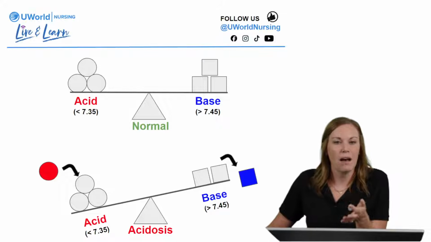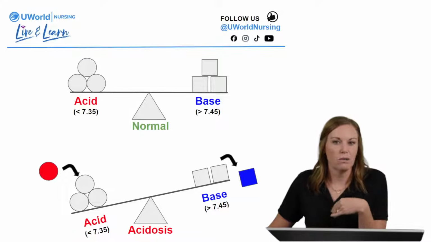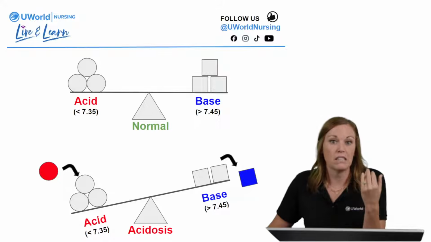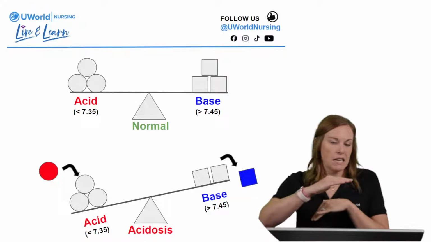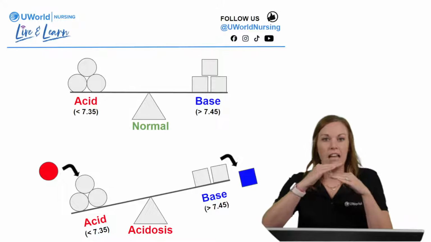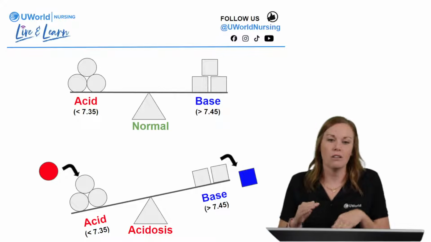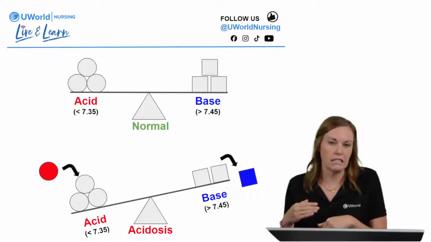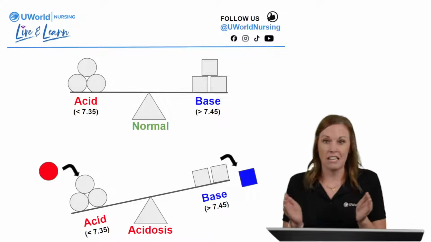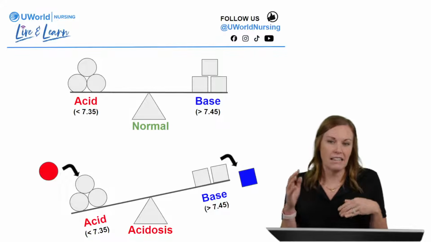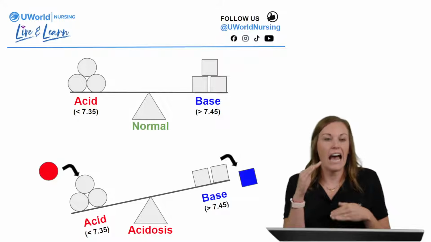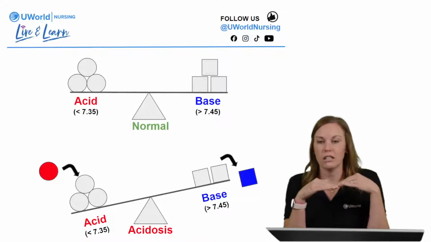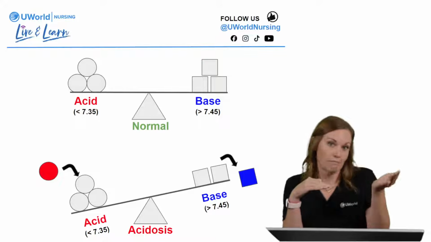We can worry about losing our base or our bicarb with excretion problems like diarrhea. But there's a big differentiation with our stomach as a decider of acidosis versus alkalosis. Vomiting and diarrhea usually go together as a group of symptoms, but diarrhea is going to cause acidosis and vomiting or suction is going to cause alkalosis.